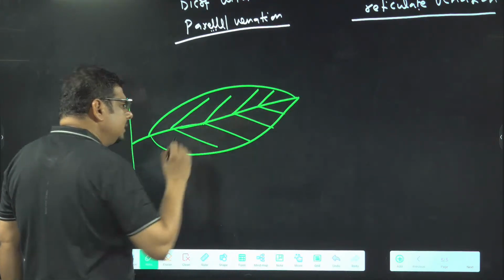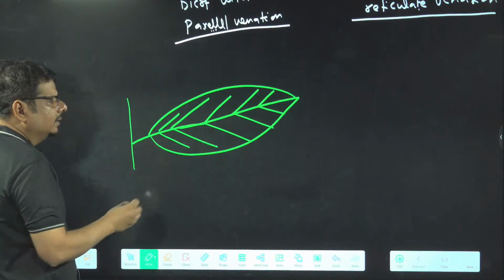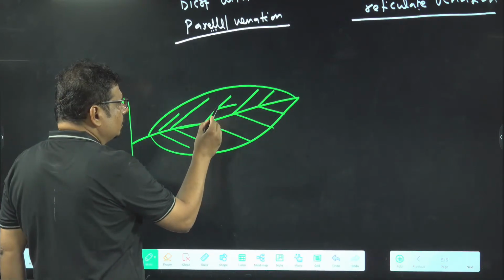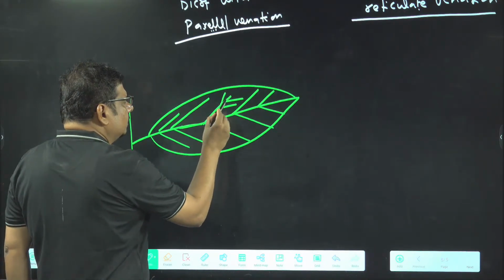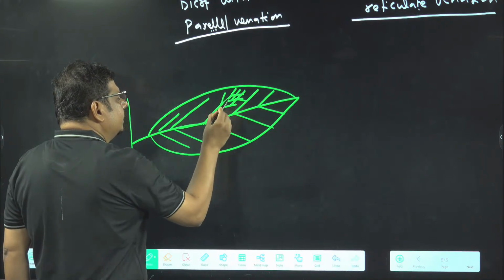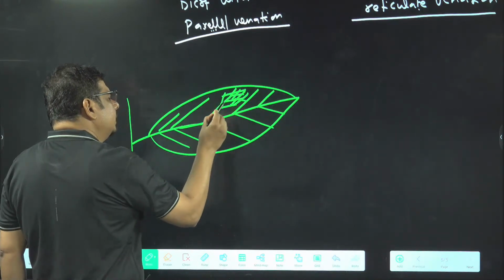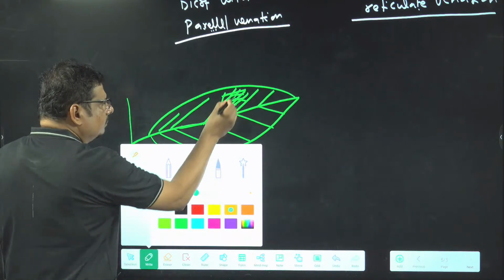And it is not stopping at the veins level. From veins, veinlets are arising, and they are forming a network, a reticulum. I am showing you a small reticulum.